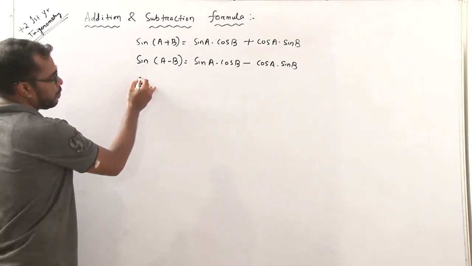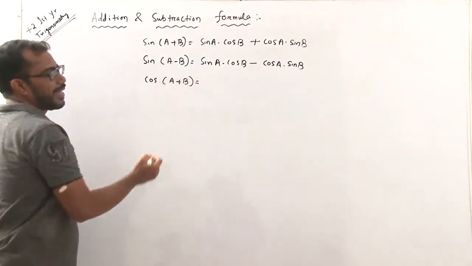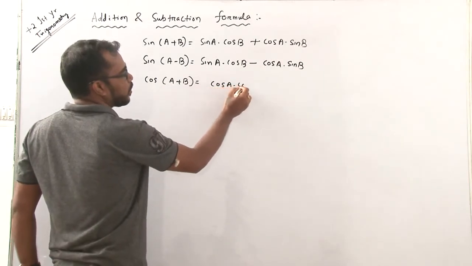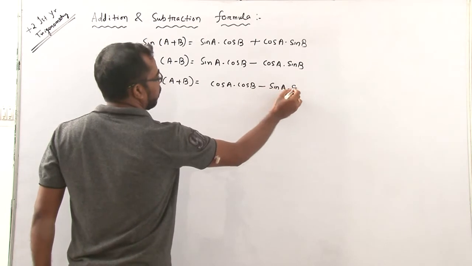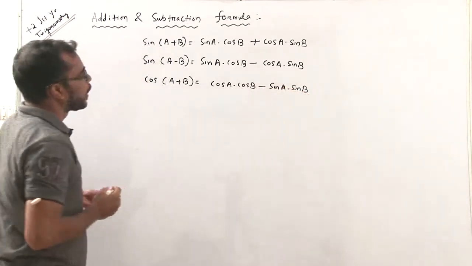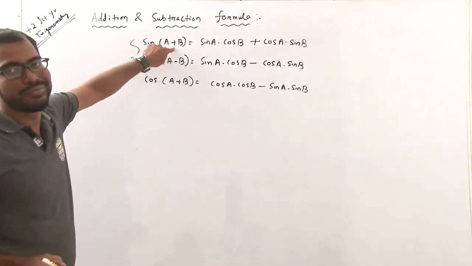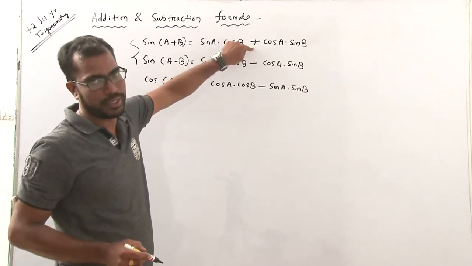Next we proceed to cos(a plus b), and cos(a plus b) is equal to cos a into cos b minus sin a into sin b. As you see in the sin formula, where we have addition, the formula also has the same sign.